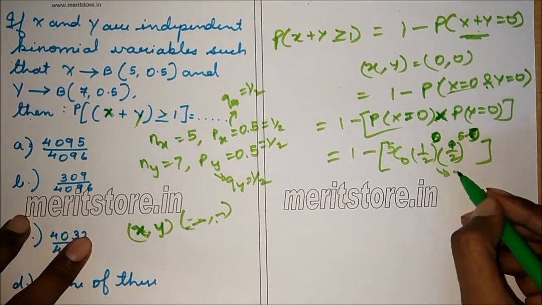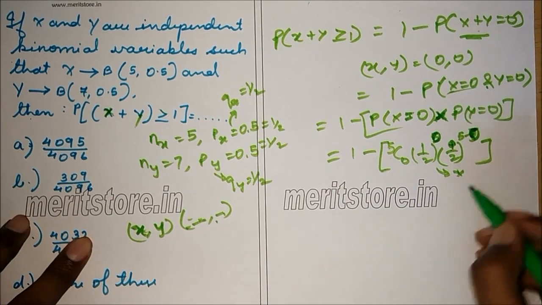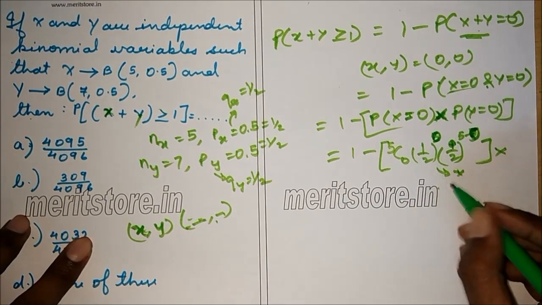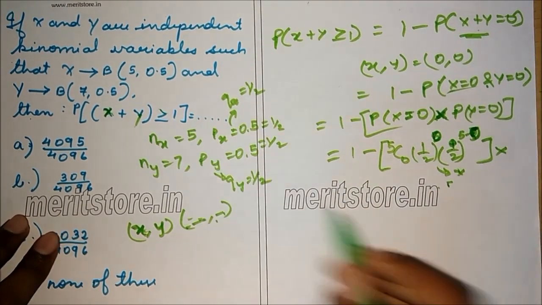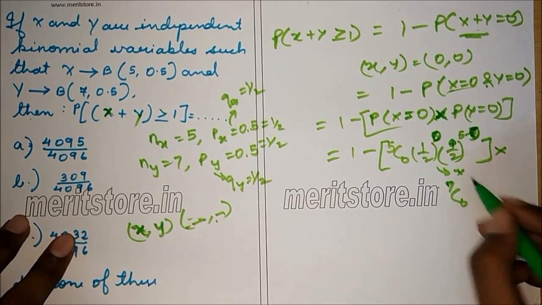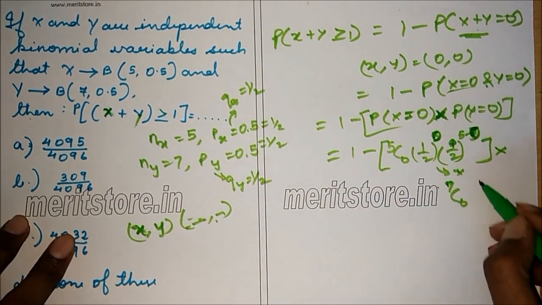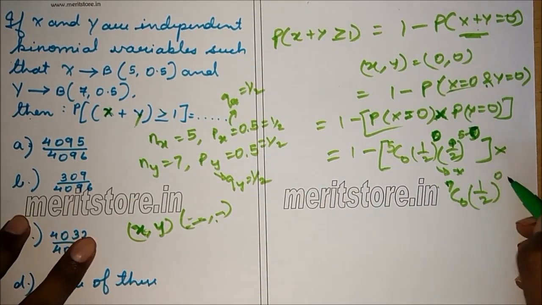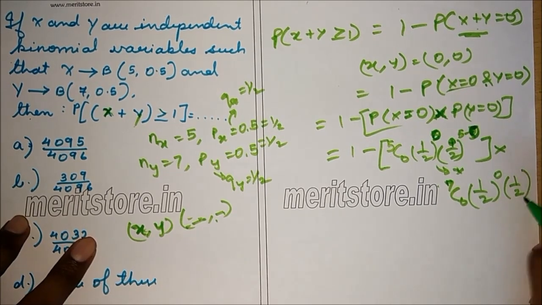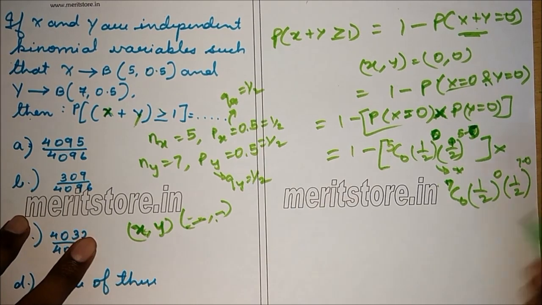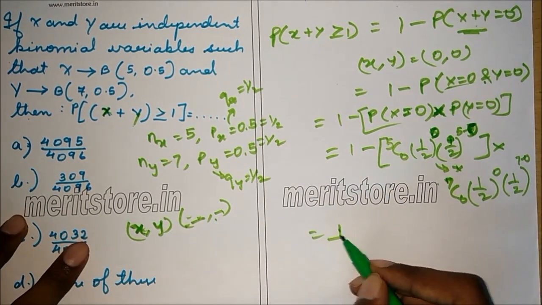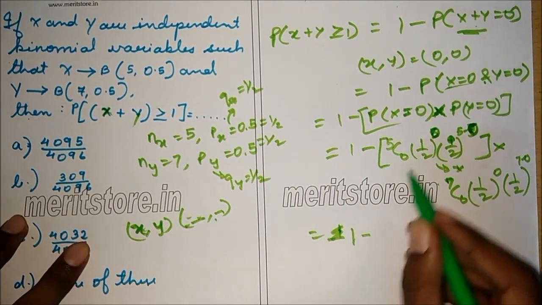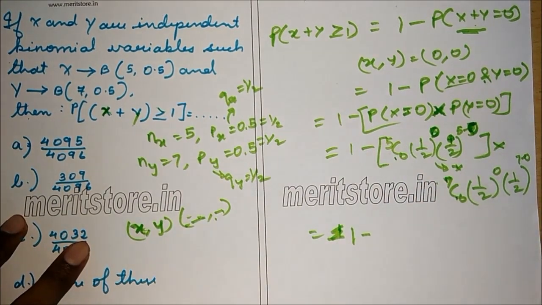This is for x, into, for this n is 7, so 7C0, p is half, so half raised to 0, this is q raised to n minus r, that is 7 minus 0. So this will be 1 minus, 5C0 is 1 and 7C0 is 1.